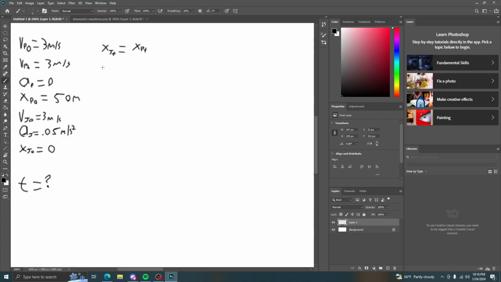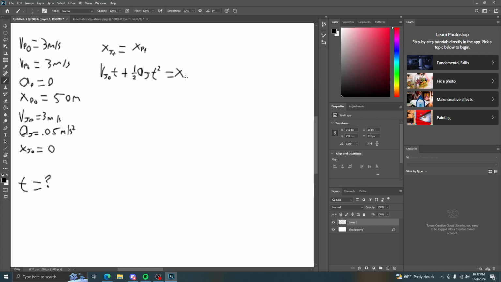So x initial for Jacob, which is 0, so we're not going to put it, but x initial for Jacob would be 0 plus v initial for Jacob times t plus 1/2 times the acceleration of Jacob times t squared equals x initial for Pablo, which is 50.